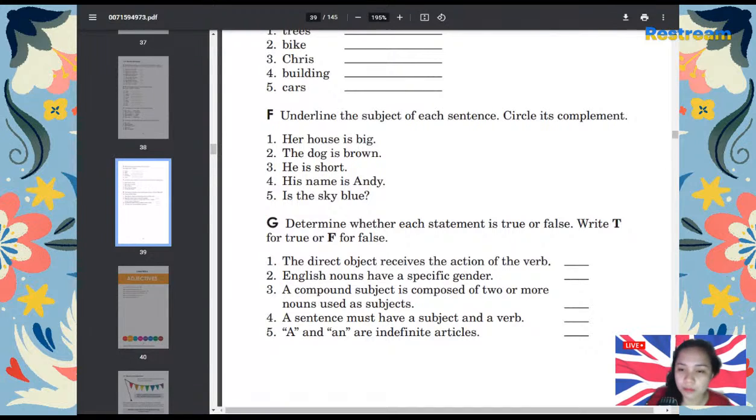So, for example, Chris is writing a book. Chris is our subject. We have an action word, writing, but the direct object there is the book because the book receives the word writing. Okay? You get it?